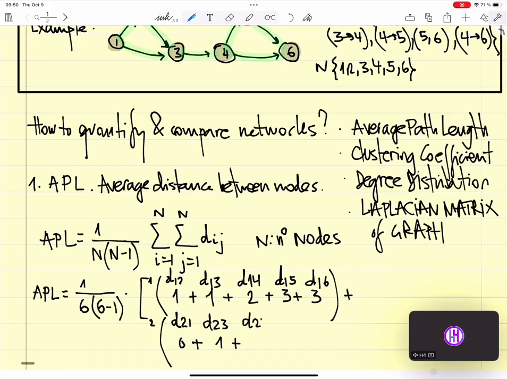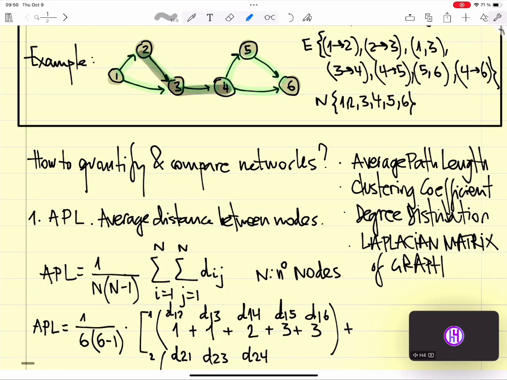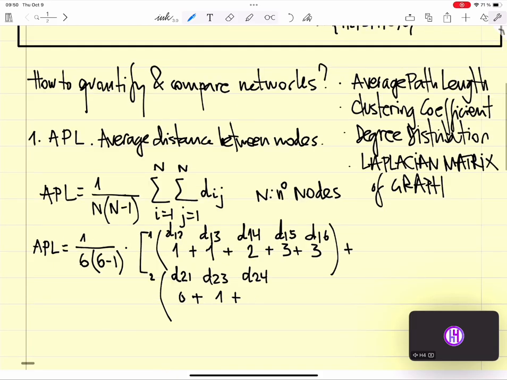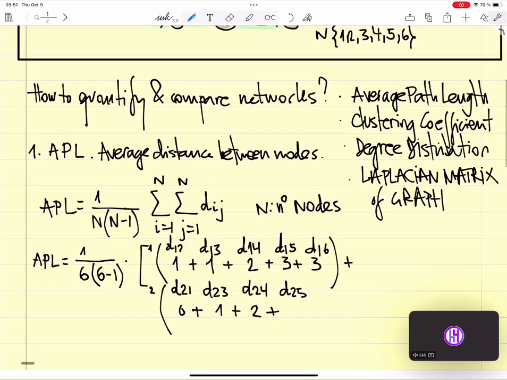Distance between 2 and 4 is 2. 1, 2. Distance between 2 and 5 is 1, 2, 3. Distance between 2 and 6 is also 3. So is that clear, the way to do it?